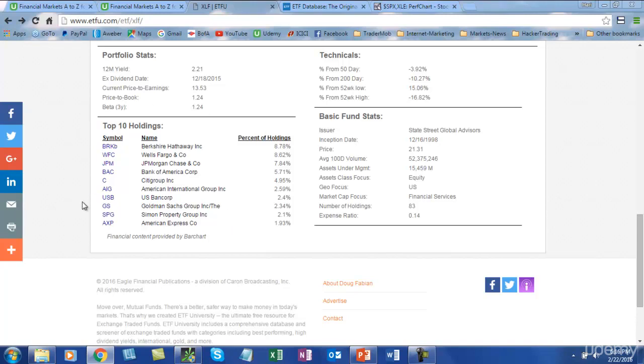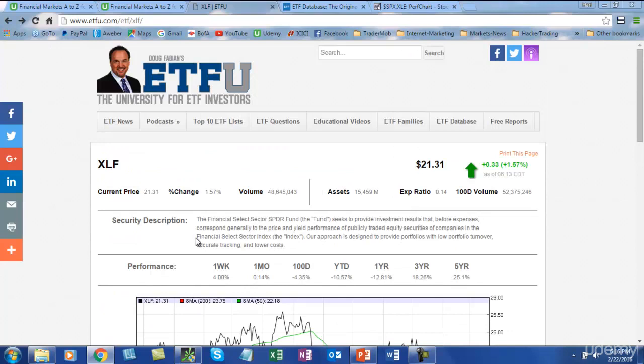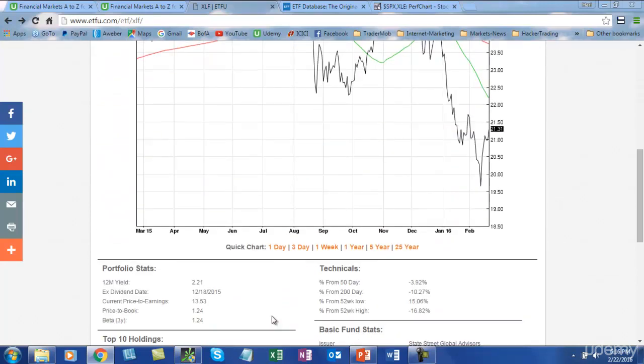In this case, the XLF is a domestic ETF, and therefore it will invest into all these US based companies. You can see the percentage of holdings. The top 10 put together should be about 40-50% of the ETF. And whatever this index is tracking, that's exactly what the ETF will also do.